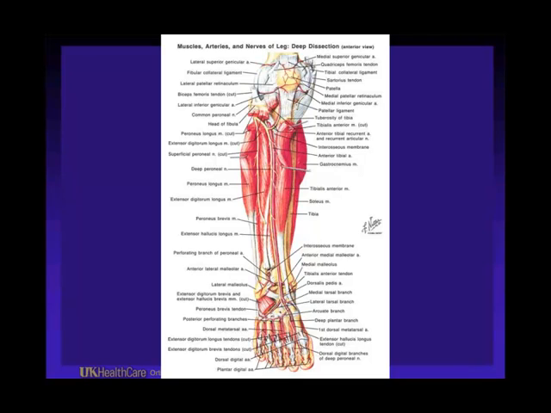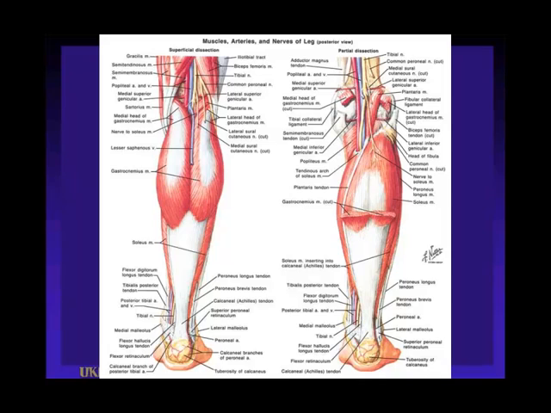In this more deep dissection, you can see laterally the superficial peroneal nerve. So it runs down to the dorsum of the foot. In the compartment anteriorly. In the back, where there are 2 compartments, the superficial and deep posterior compartment.